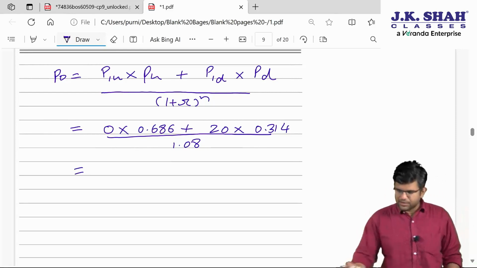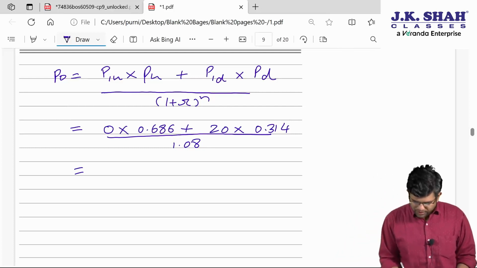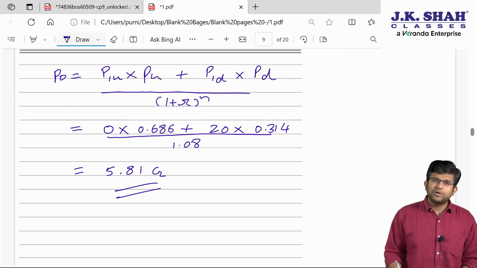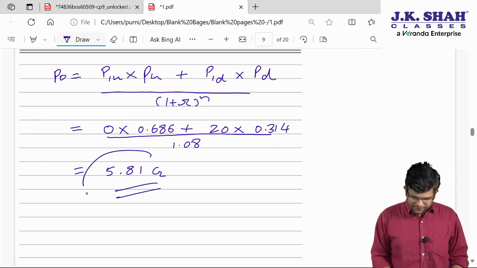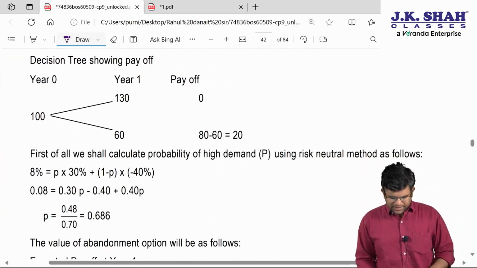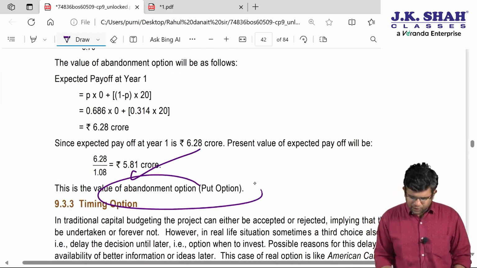So if you take the calculators, this 0 part we will ignore, we'll straight away do 20 into 0.314 and divide this by 1.08. You get the put value as 5.81 crores. So students, can I say the value of the abandonment option that you are holding is 5.81 crores. It is basically the value of the put option here, right? It is the value of the put option.